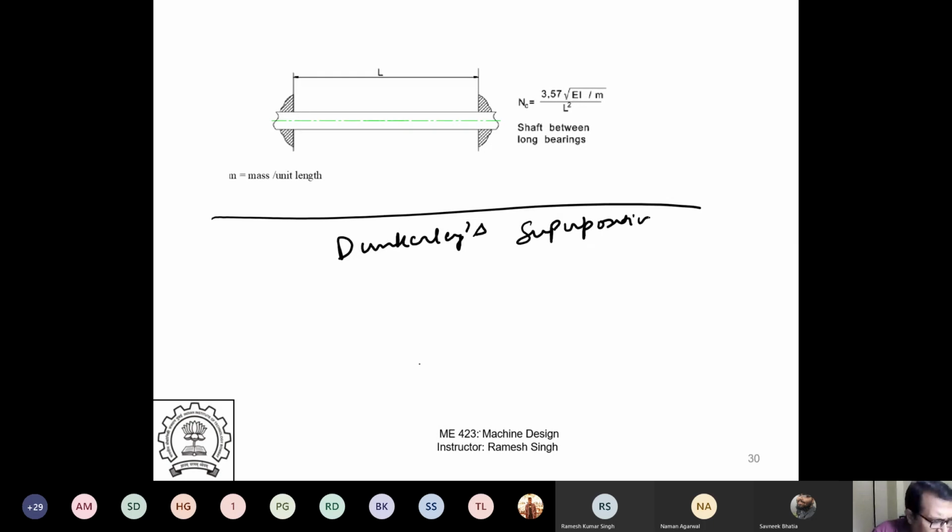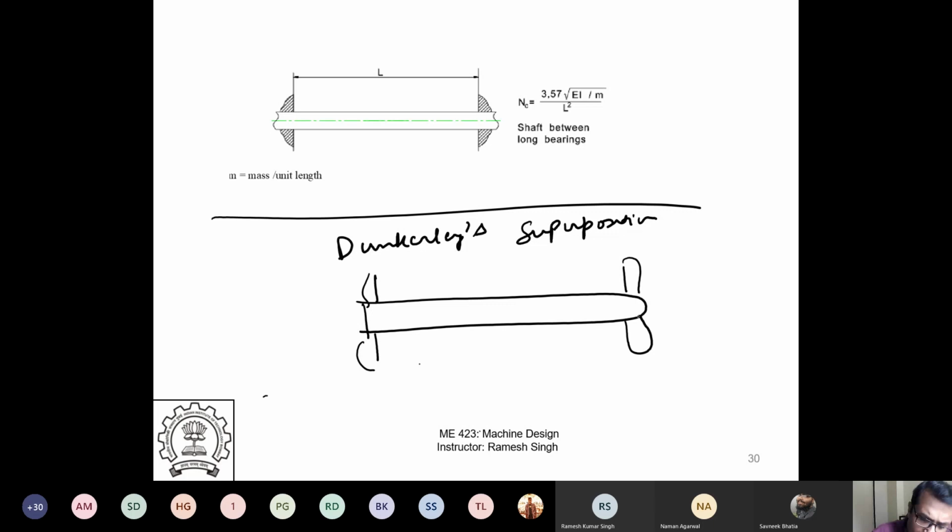Superposition. So if I have, say, a shaft with bearings, long or short, here there is a bearing, here there is a bearing, right?